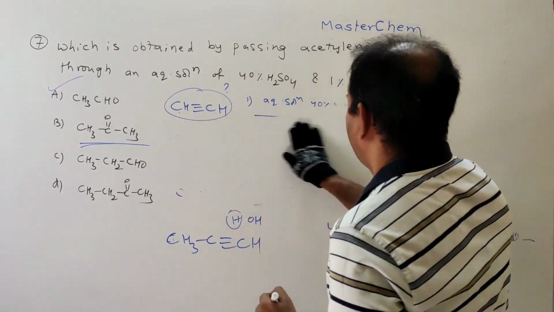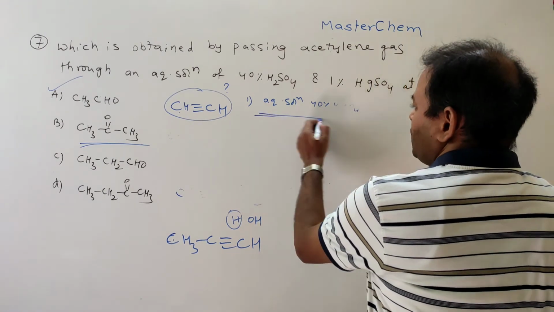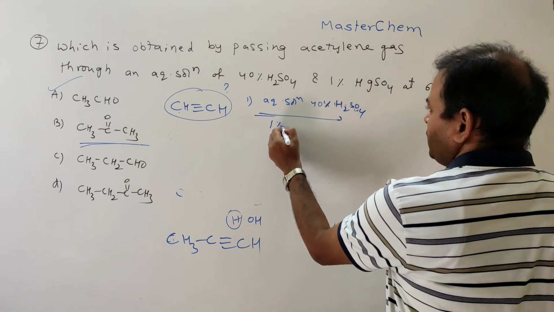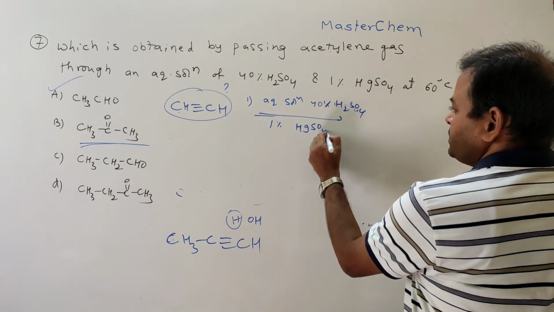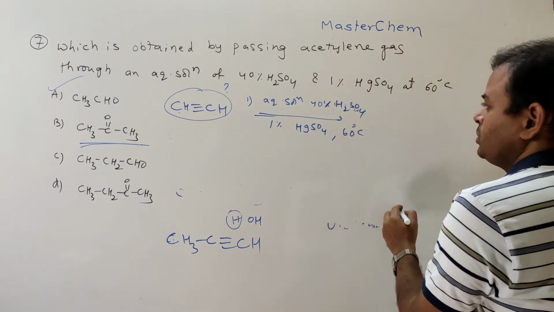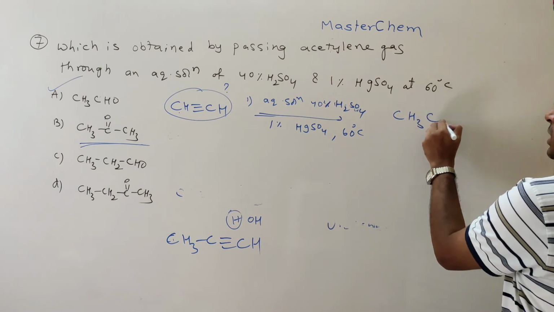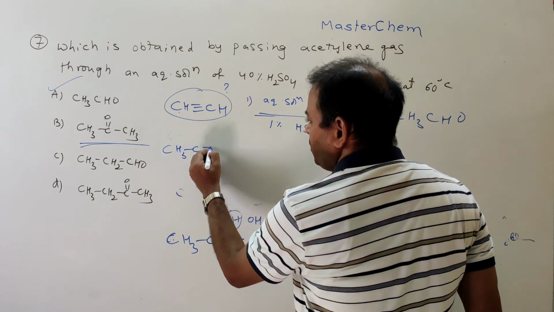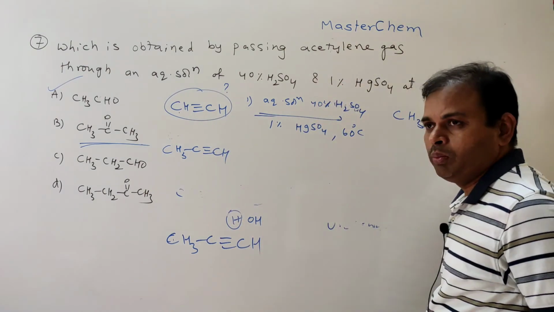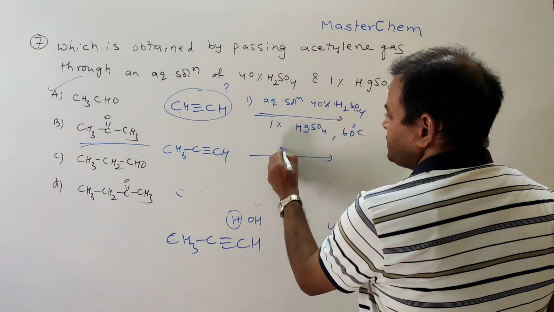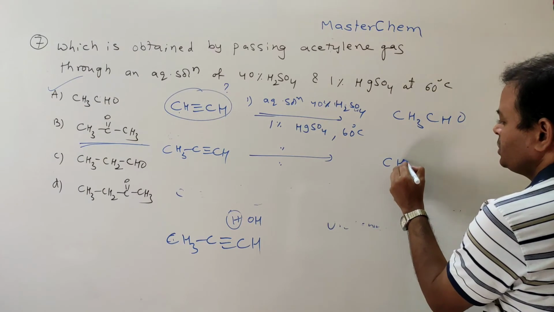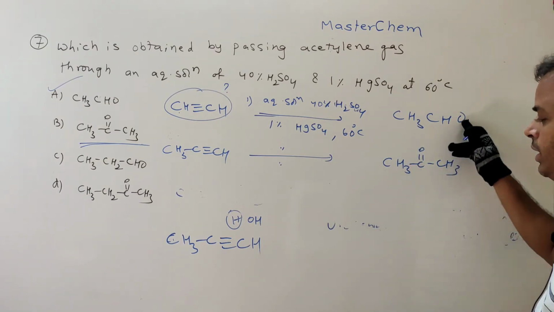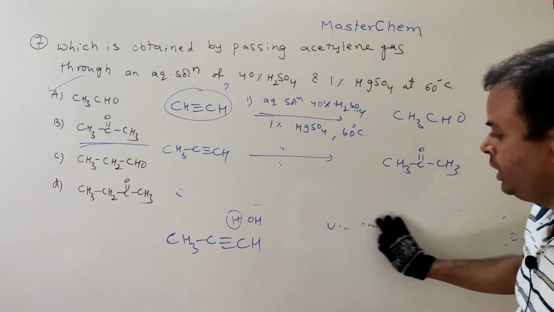CH≡CH, aqueous solution of 40% H2SO4 and 1% HgSO4 at 60 degrees centigrade, what it gives? CH3CHO. And next CH3C≡CH, propyne, under the similar conditions, what it gives? CH3COCH3. Okay, one is acetaldehyde, aldehyde, this one is acetone, ketone.